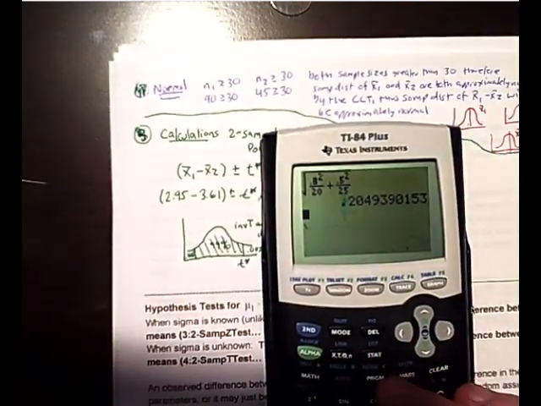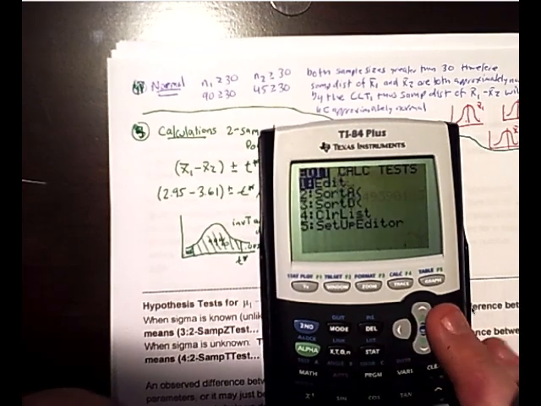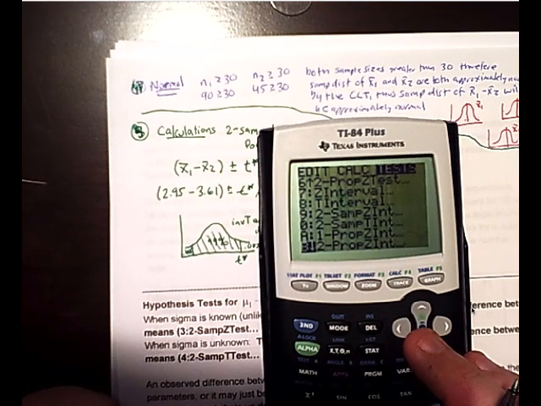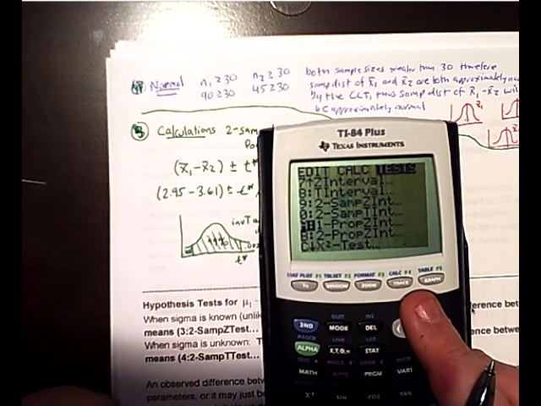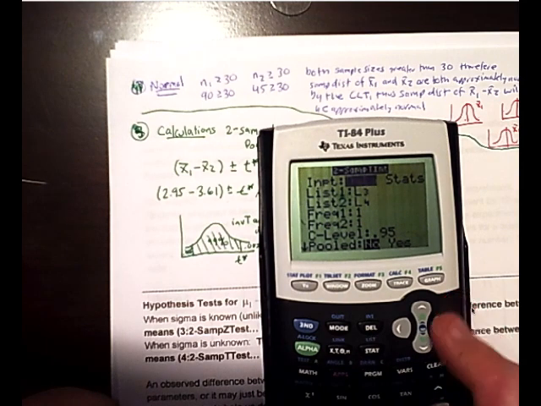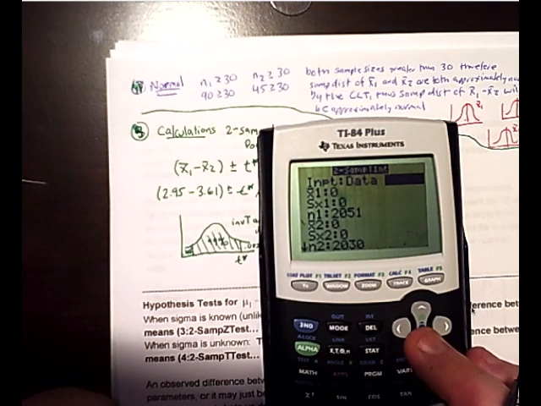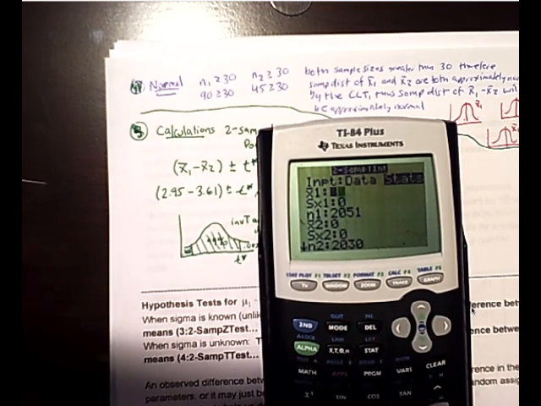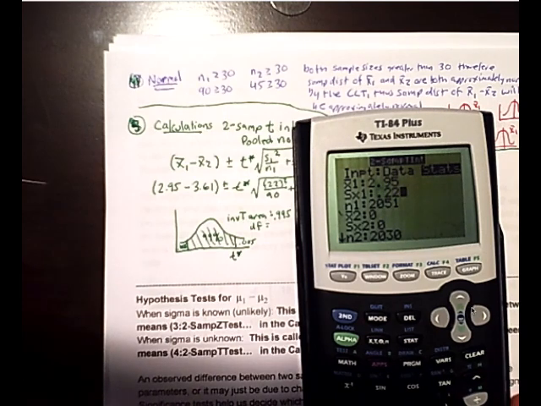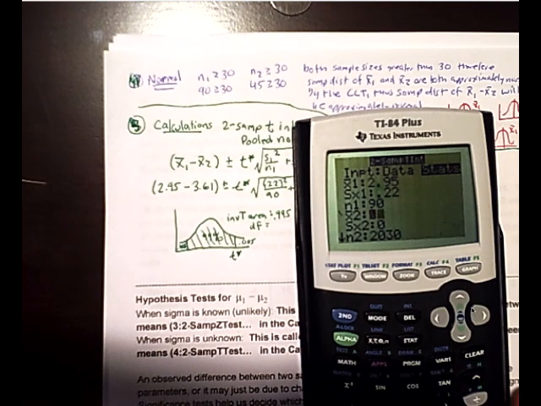So here's how we're going to find it. I'm going to go to stat, over to tests. I'm going to do a 2 sample T int. There it is right there, option 0, 2 sample T interval. We're going to enter stats. X bar 1 is 295. Standard deviation is the 22 cents, and the sample size is 90. X bar 2 is 361.